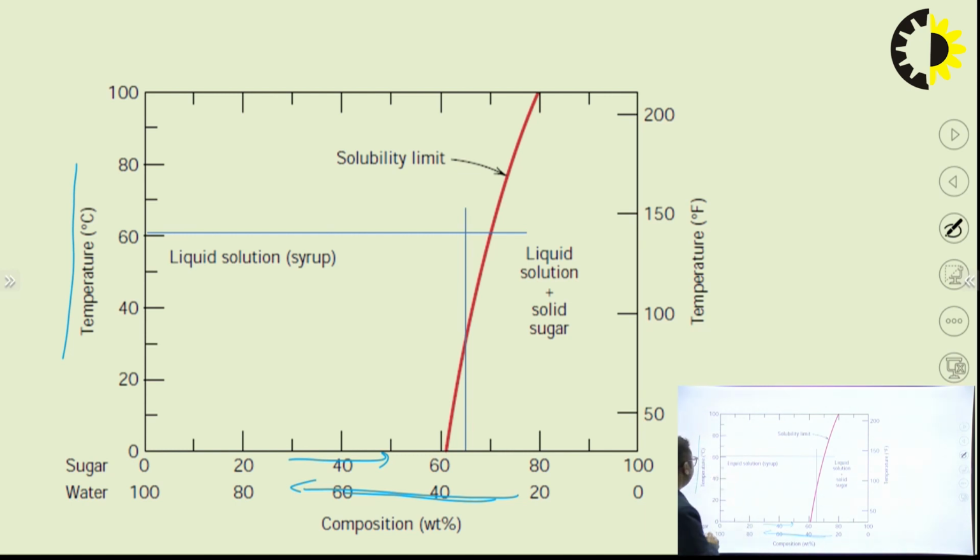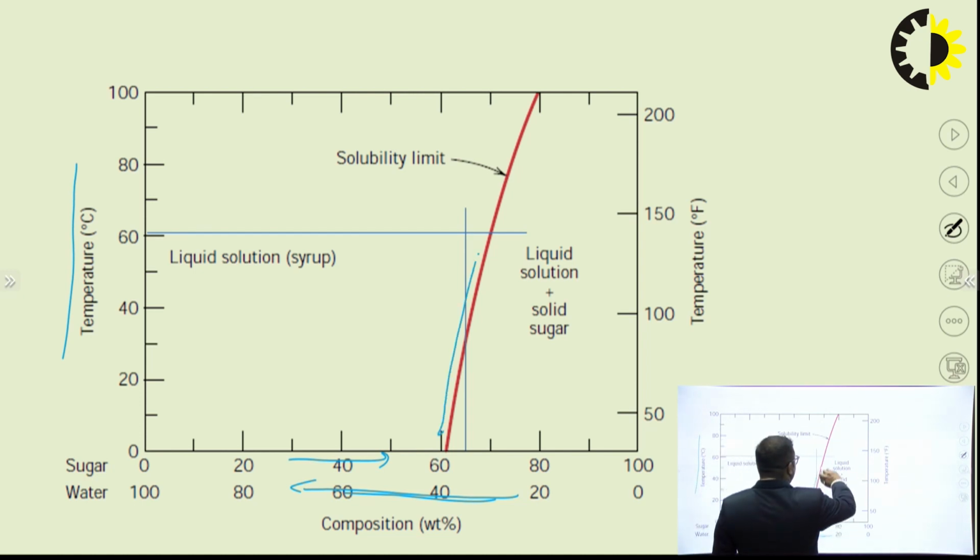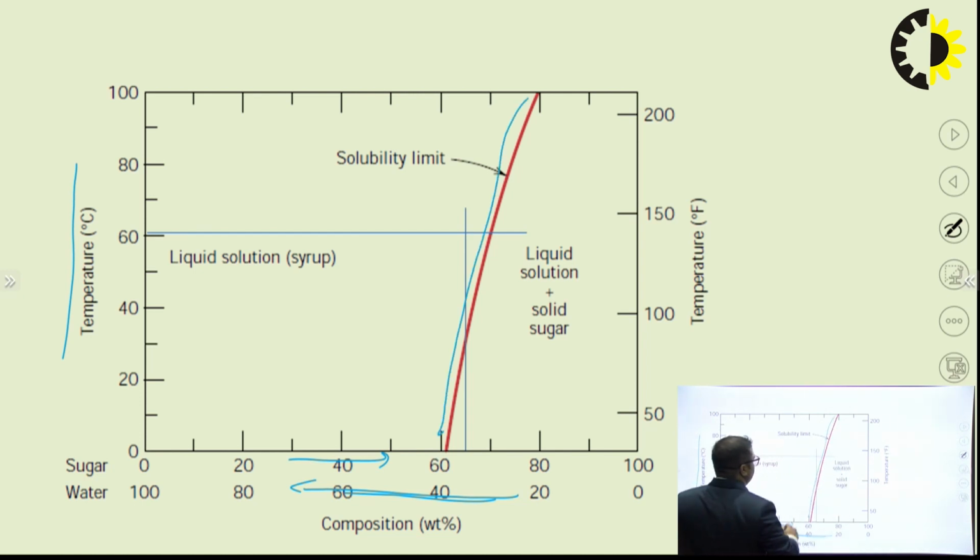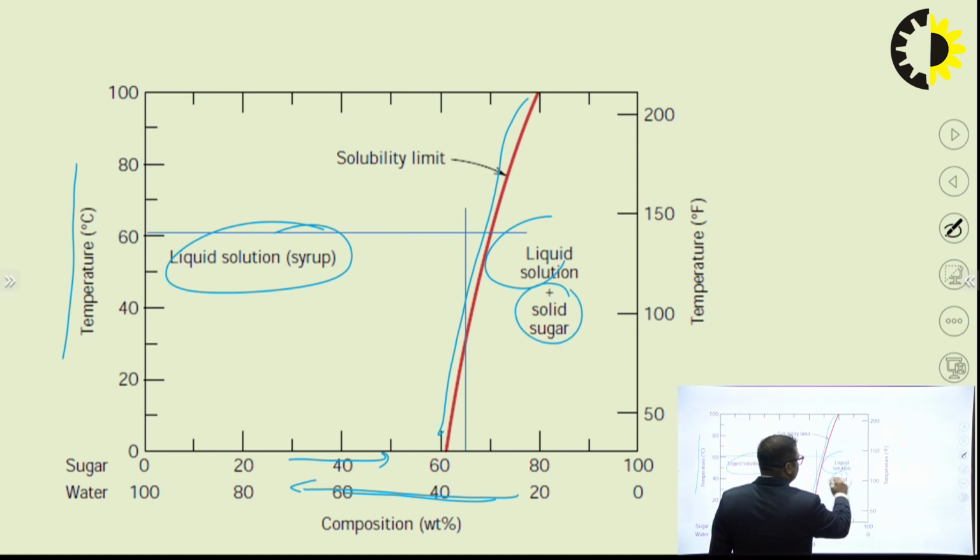When you draw the graph between the temperature and the weight composition, you will see this type of graph, and this red curve shows the solubility limit of sugar in water. Here it shows the liquid solution, the syrup, and here it shows the liquid solution plus solid sugar.